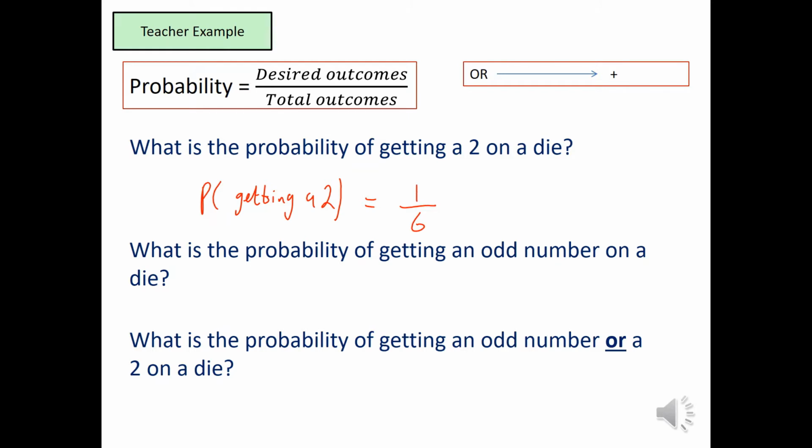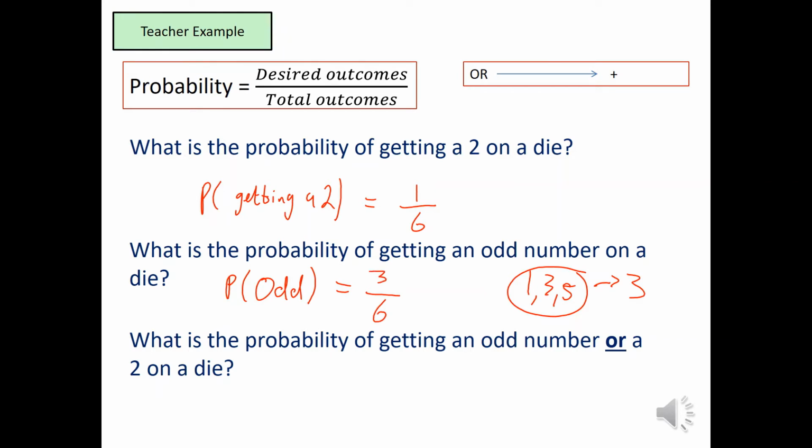Okay, what is the probability of getting an odd number on a die? Probability of odd equals, how many outcomes do we have? We still have 6 on a die. How many odd numbers are there on a die? There is 1, 3, and 5. So in total we have 3 possibilities.